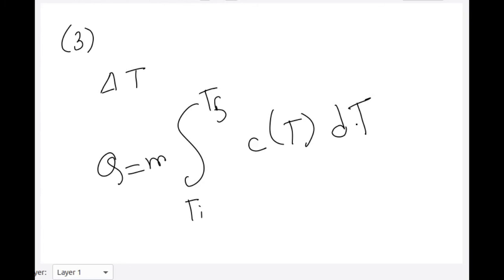So, when delta T is not too small, C is a function of temperature, that is, C equals C of T.